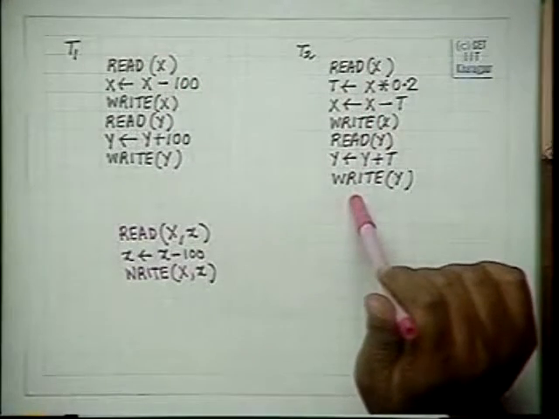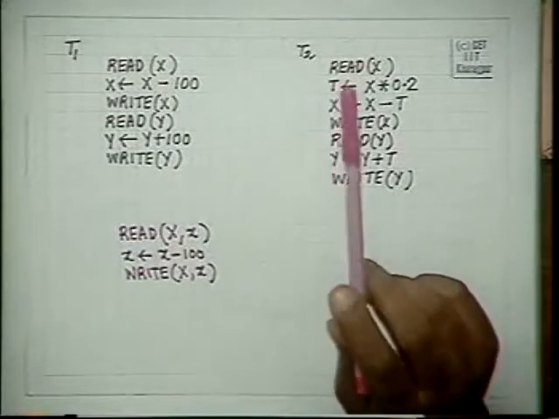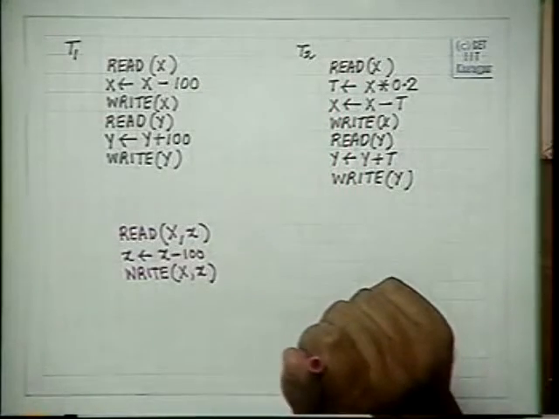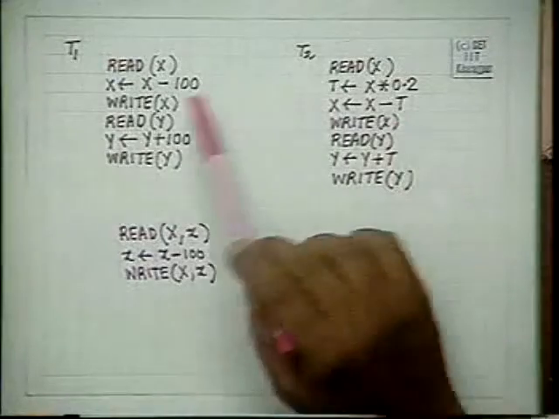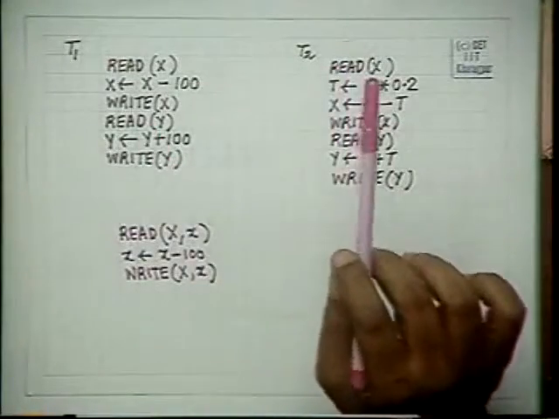T1 and T2 can be interleaved in any fashion, but the value of x plus y must be consistent. That is the consistency criterion. So if they are executed serially, that is, a serial schedule T1 followed by T2, or another serial schedule T2 followed by T1, both of them are consistent schedules.